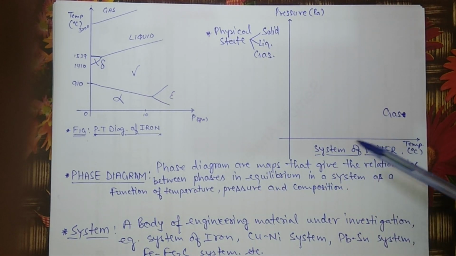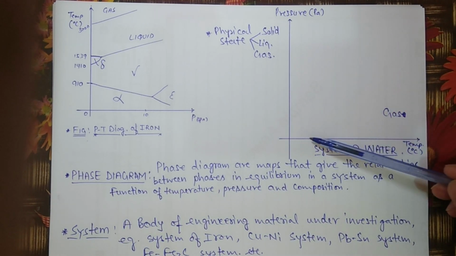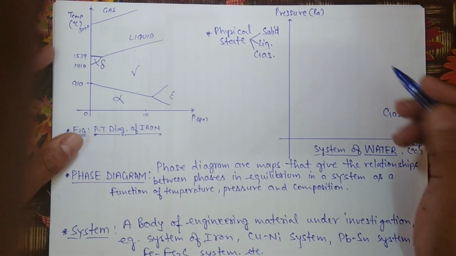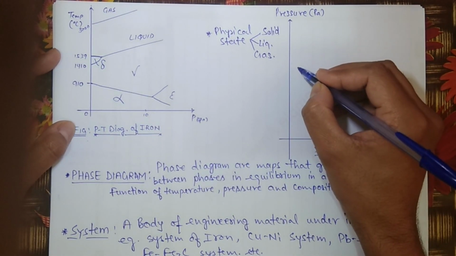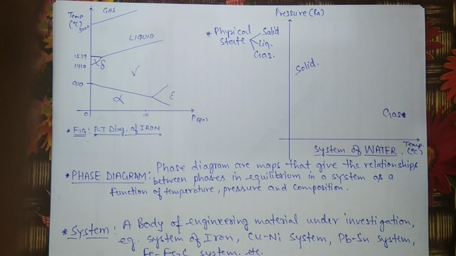Now if we talk about the low temperature and high pressure region, this corresponds to the physical state of water that is known as the solid state. And somewhere in between there is moderate temperature and moderate pressure.